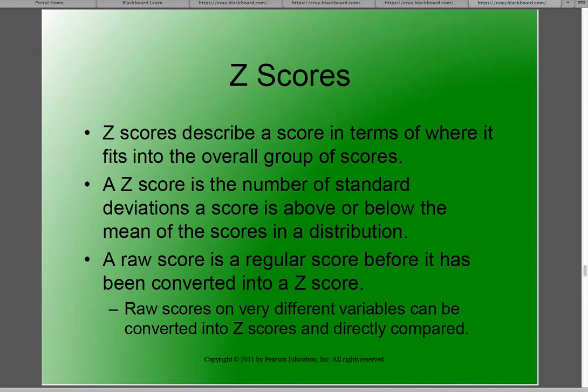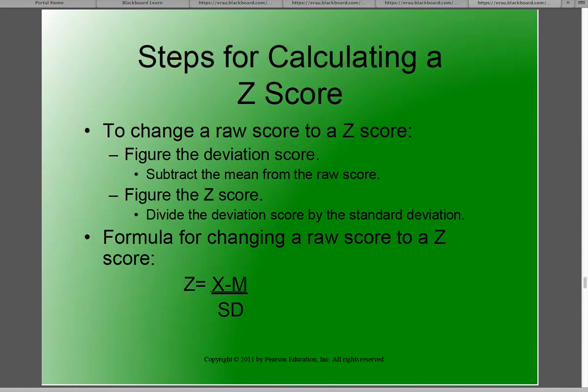So z-scores are a standardized representation of the degree to which a score deviates from the mean. And here is the formula for computing a z-score. It's the score minus the mean divided by the standard deviation.